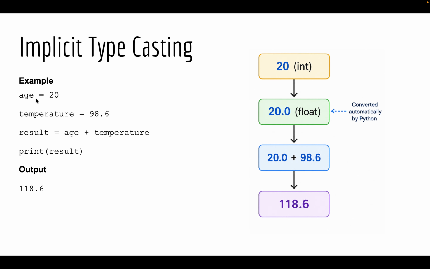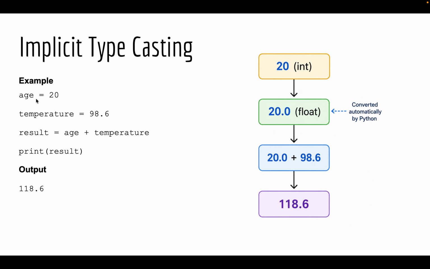While performing the calculation, to preserve the decimal part of the data, Python will automatically convert the integer value into float, and thus the final output of this program will be a float data type.